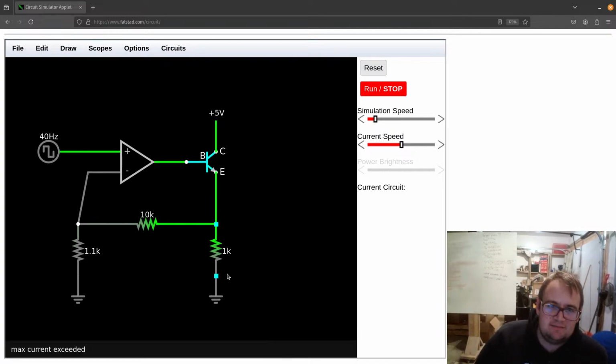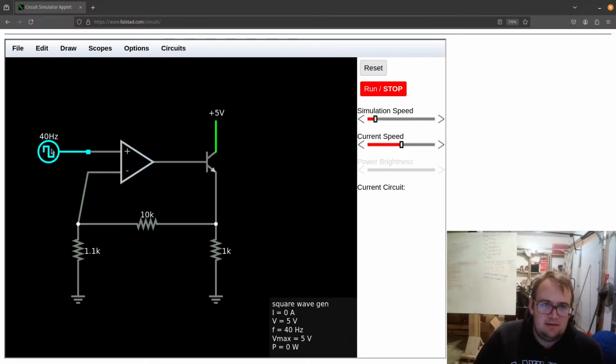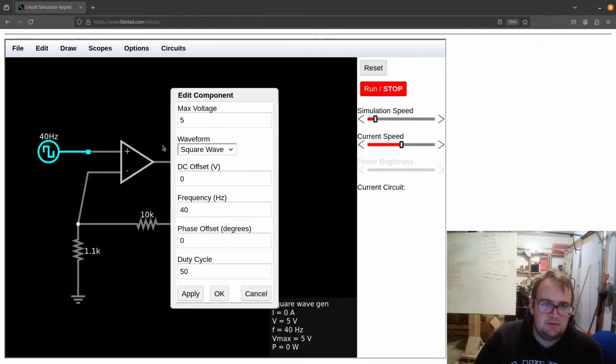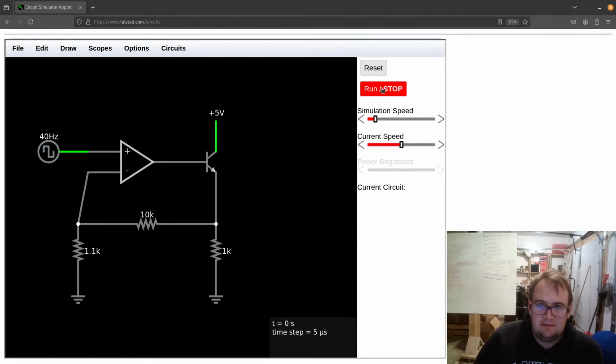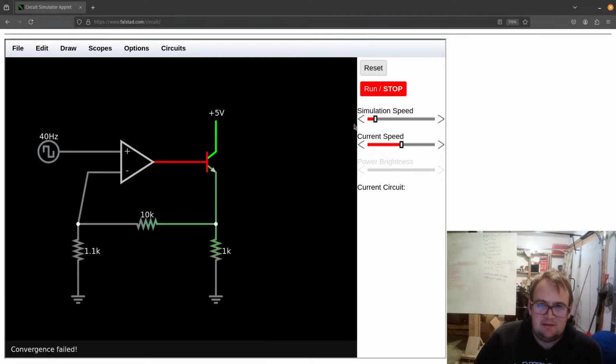Let's just try this here. Run, stop. Max current exceeded. That's what I thought. Okay, reset. Let's just put in a very small voltage. Apply. Okay, now we're on stop.